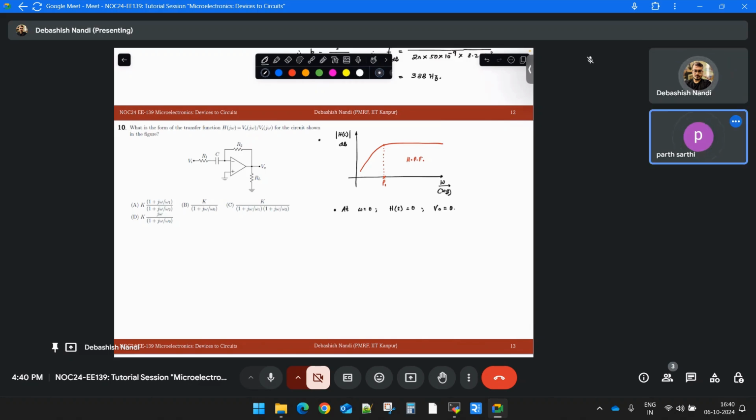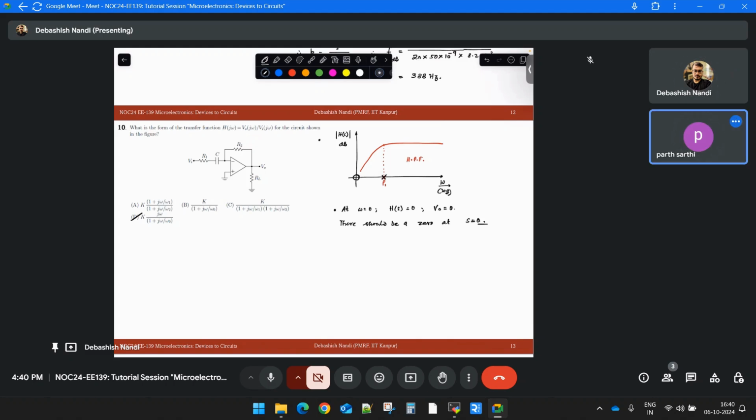So what do you think? There should be a 0 at s equal to 0. Can I conclude this? So immediately from the option you can tick this one, right? So your 0 location is here, your pole location is here. You can immediately check.